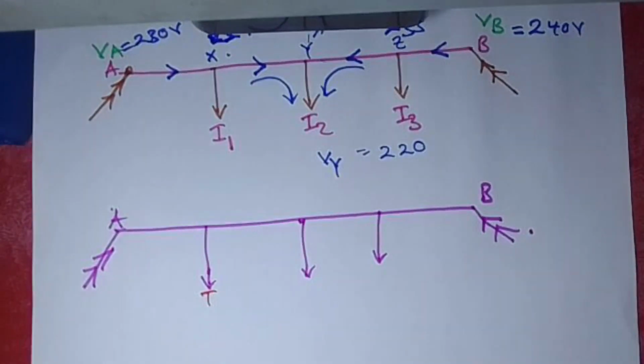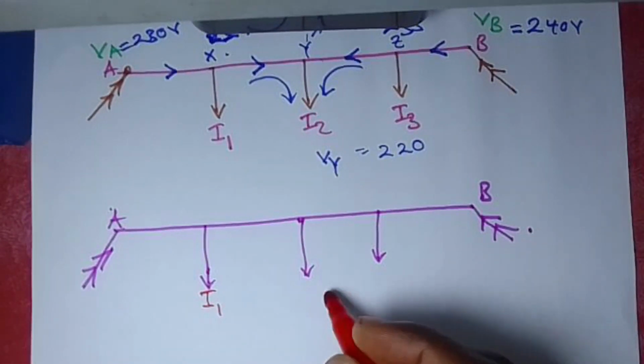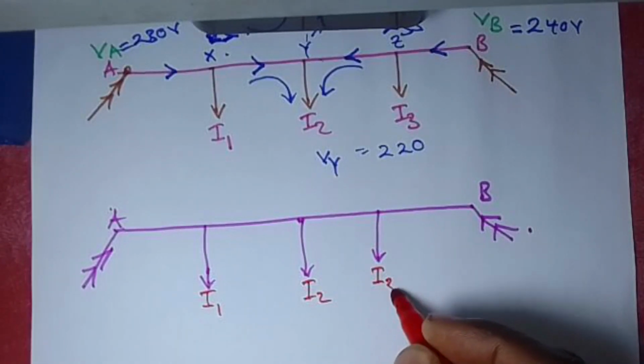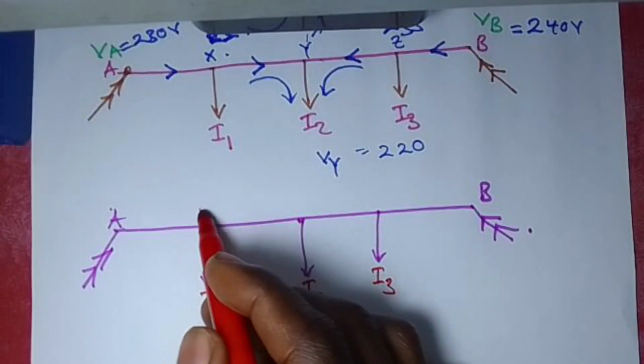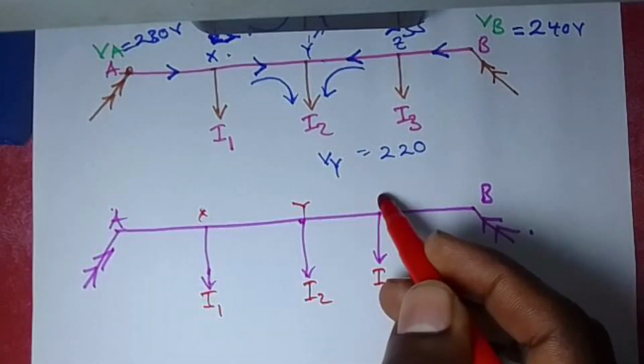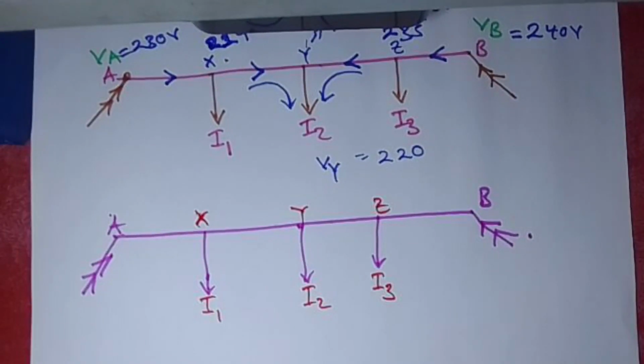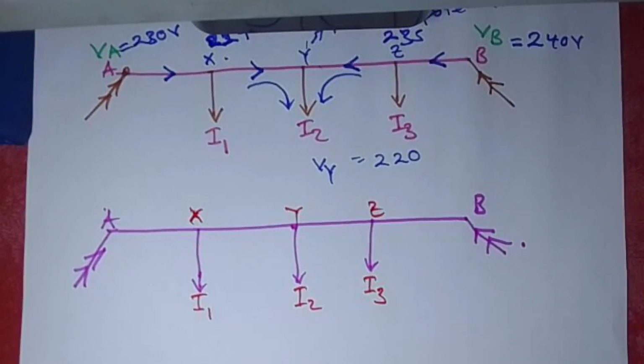Maybe let me call this one I1, this I2, and this is I3. I've decided to call my points X, Y, and Z. This is X. So here we don't know the point of minimum potential.